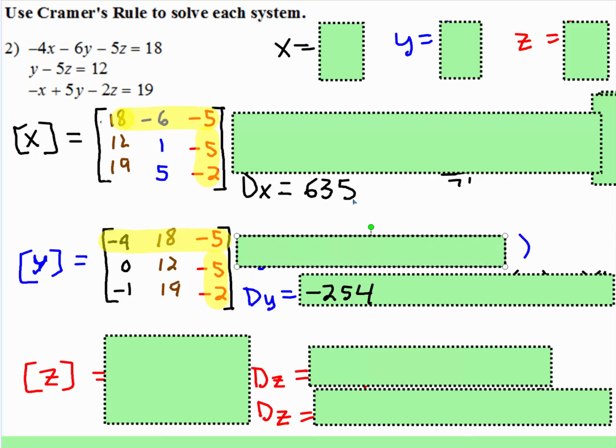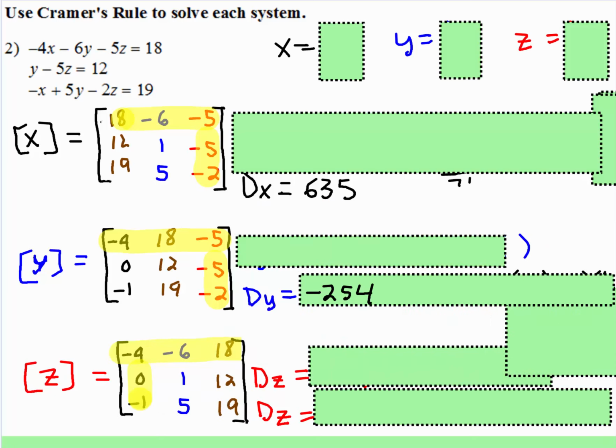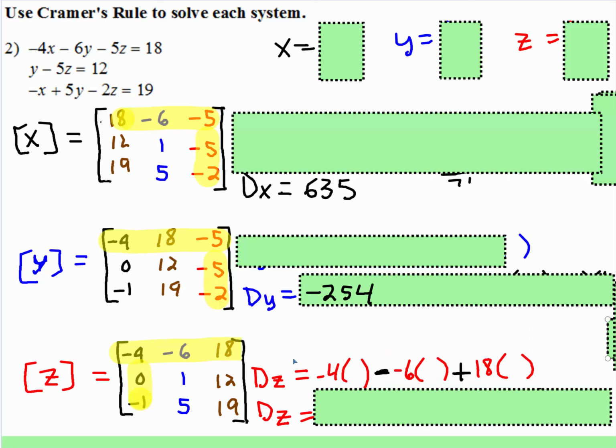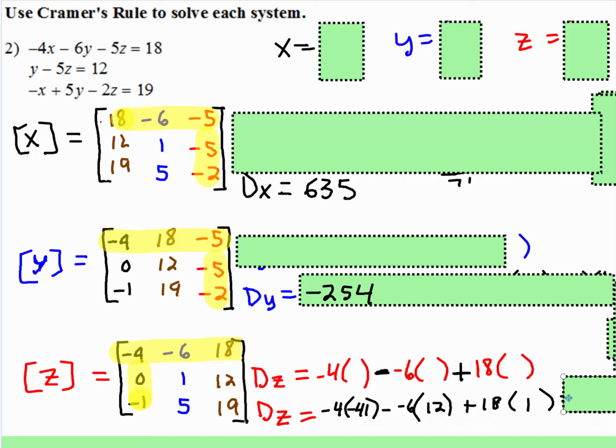And I'm going to go ahead and move this. So our dx is 635, our dy is -254, and we're going to do the same process, but now over the z coefficients, which are 18, 12, and 19. So it's -4 times its determinant, subtract -6 times its, plus 18 times its determinant.